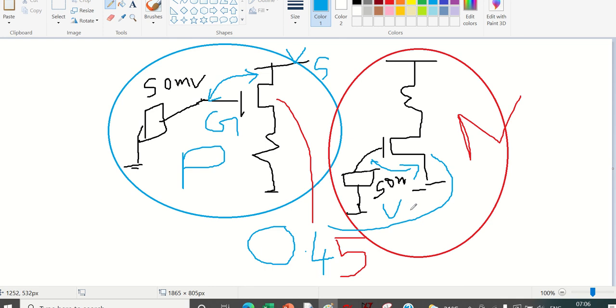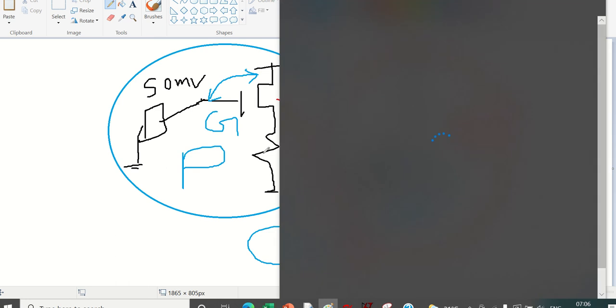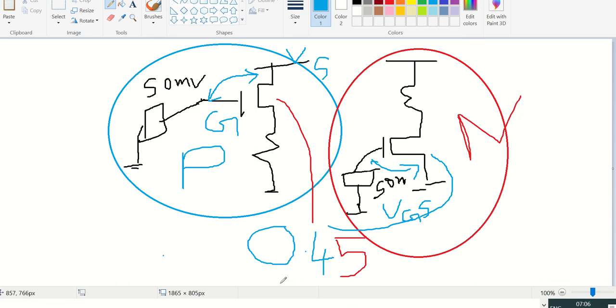That is enough. If you just tell me what VGS is in the first case, the NMOS case, what is the VGS? What is the VGS in case of NMOS, and what is the VGS in case of PMOS?